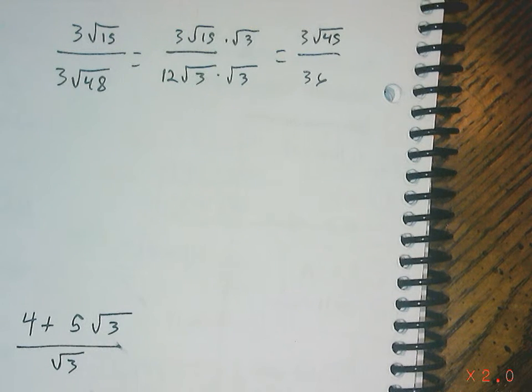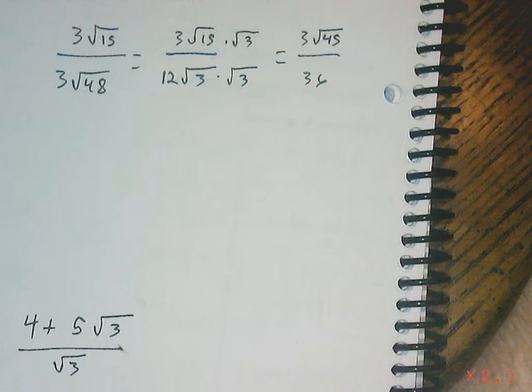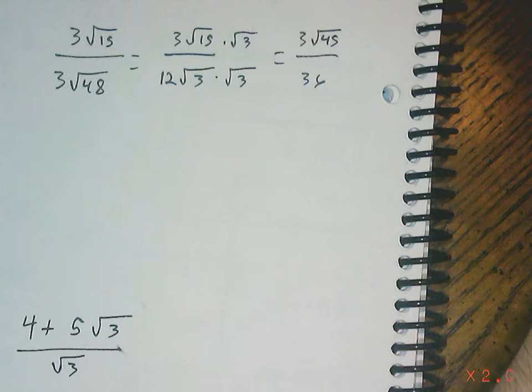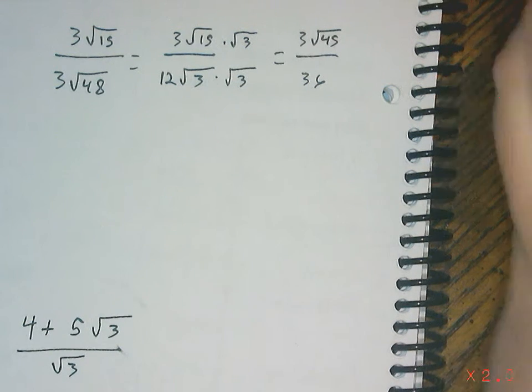Now, can I simplify this top at all? So 45, can I take out anything that would be a square root? 45 divided by 2, no. By 3 is 15, obviously no. Divided by 4, no. Divided by 5, ooh, there we go. 9.